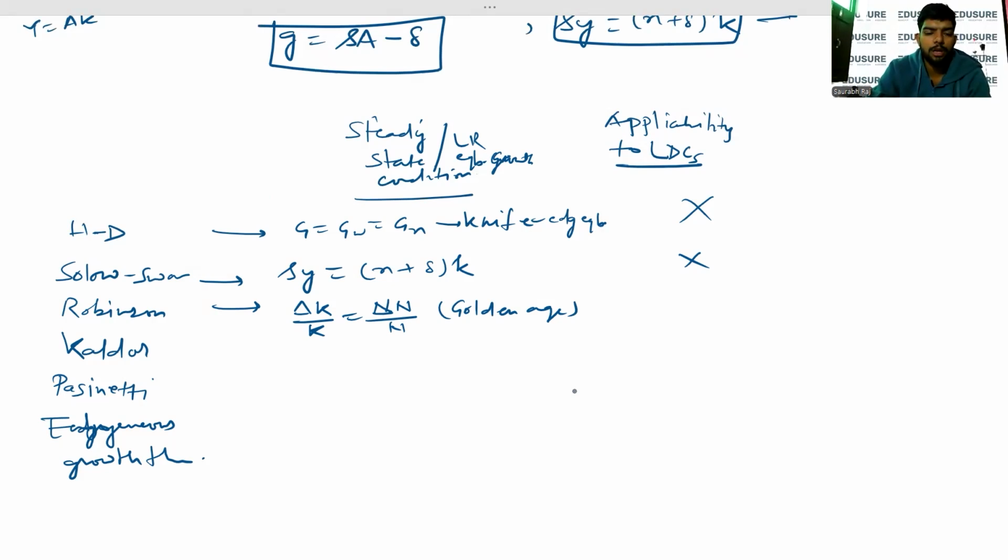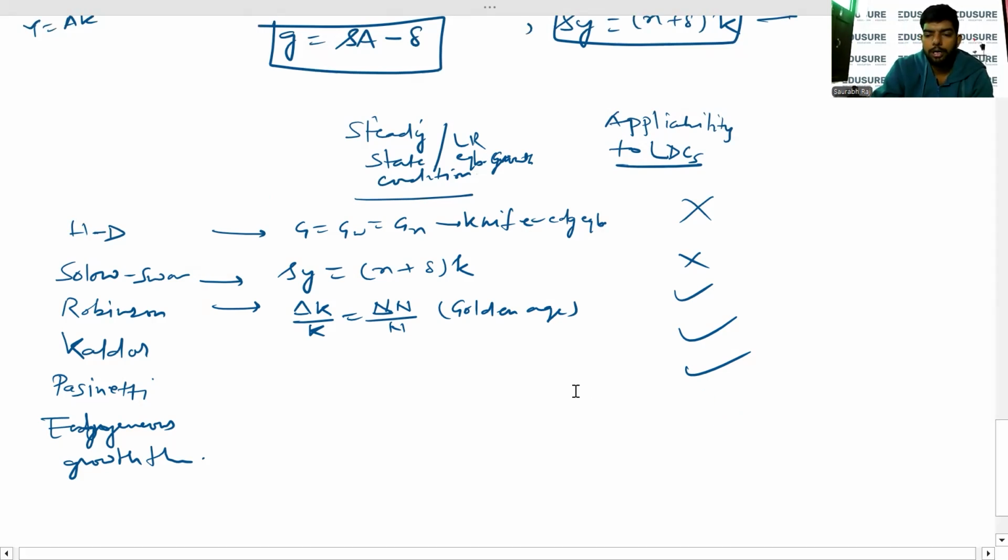From Robinson onwards, all these models are more applicable to lower developing economy. Why? They talk about distribution. And endogenous also, they talk about the concept of convergence. Sorry, they did not talk about that, but they have talked about investment in subsidy.